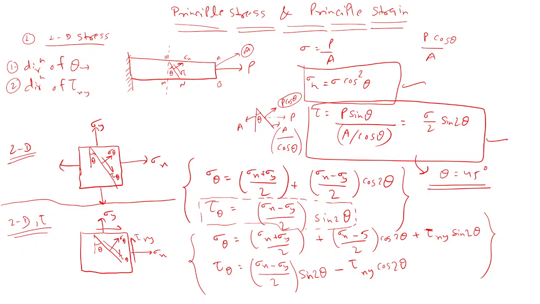So what is it showing? For the maximum shear stress, it would be 45 degrees from the loading, right? So keep this one thing in mind. What would be the plane for the maximum shear stress? It would be 45 degrees from the principal loading plane, right?